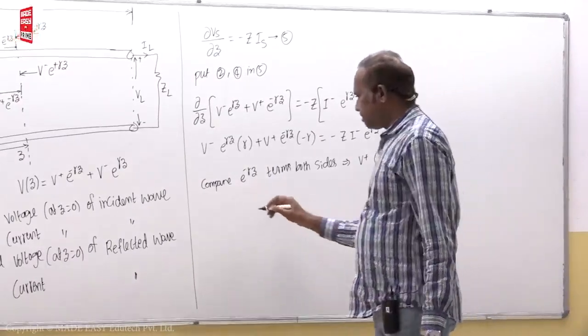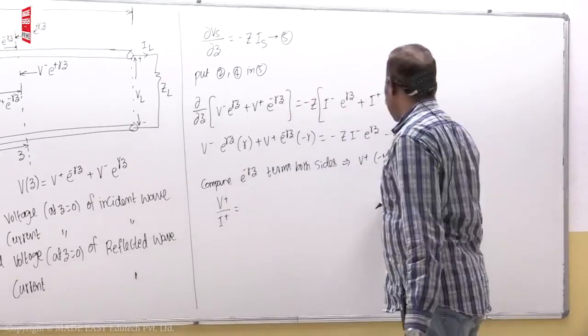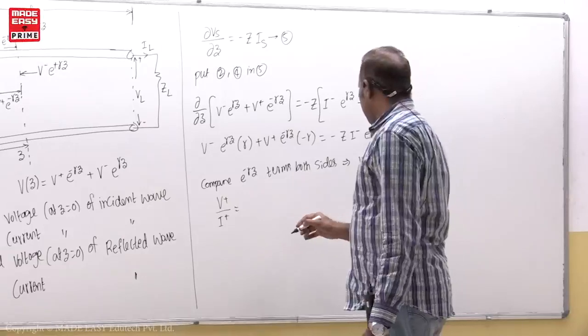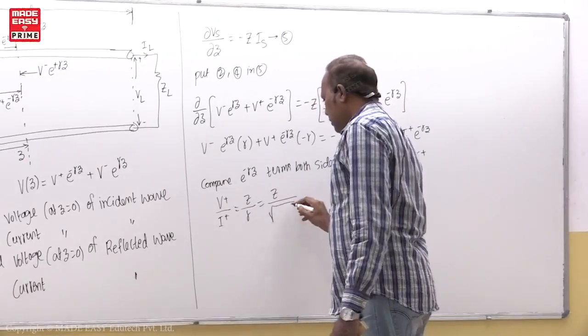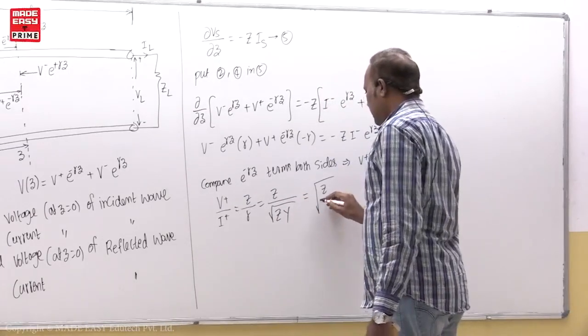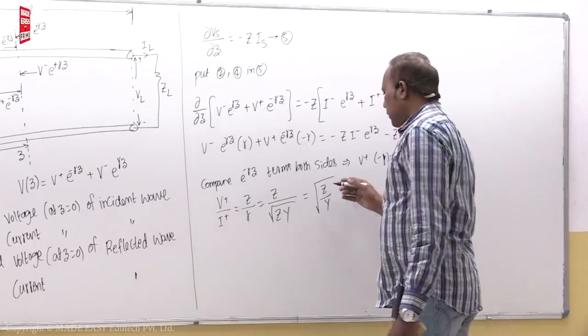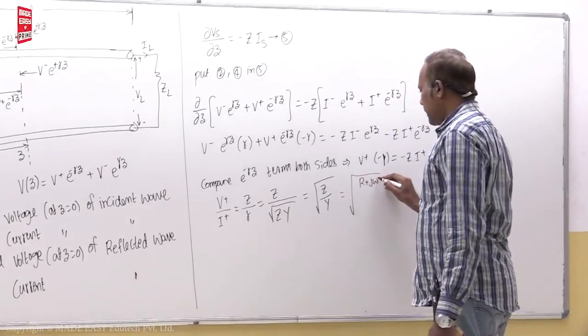So from this, V plus divided by I plus is equal to minus, minus gone, so you get Z by gamma. So Z divided by root of ZY, Z cancels, and root of Z by Y remains. So this one is nothing but the root of R plus j omega L.